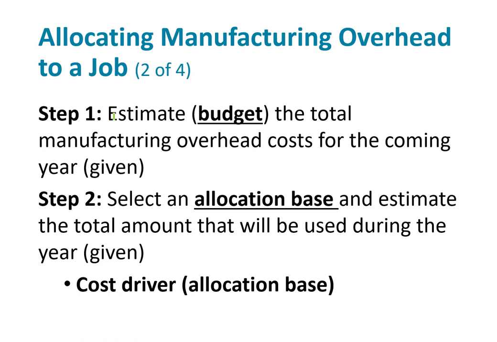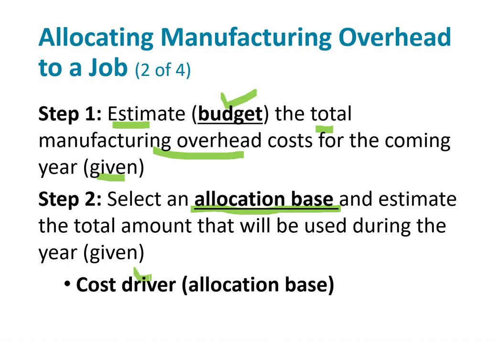Okay, so step 1 for allocating manufacturing overhead is we're going to estimate the total manufacturing overhead costs for the coming year. And that amount will always be given to you. Sometimes this estimate is called a budget. So we're given what we estimate is the total manufacturing overhead. Then, step 2, we select an allocation base. In other words, what activity would best represent how to divide up all of the manufacturing overhead?